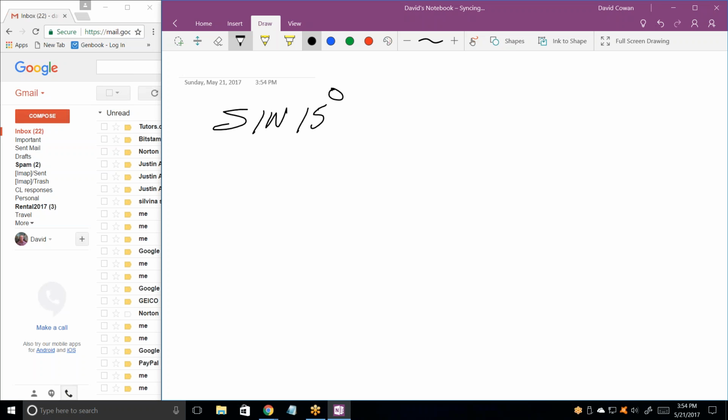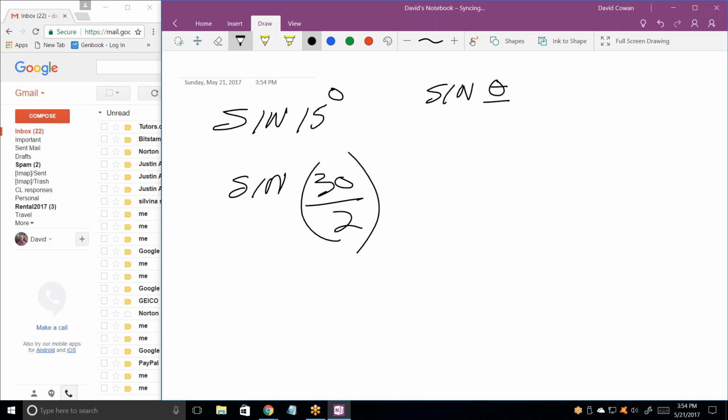Even though it's the half angle they want you to use, you have to double that. So you always have to go kind of the other way. And the sine of theta over 2 equals what?